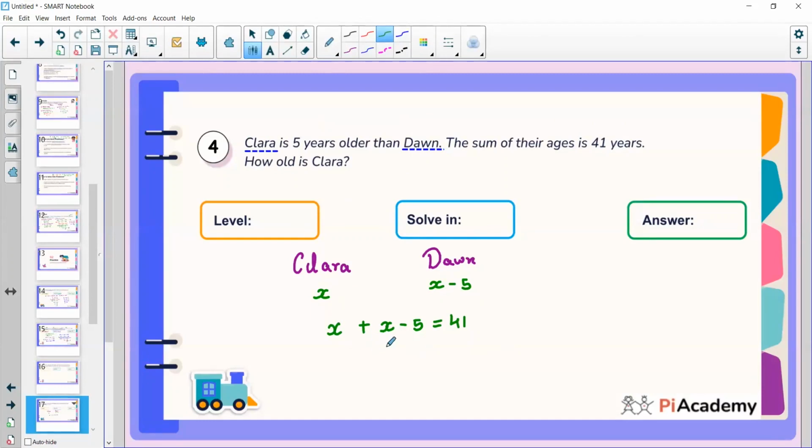Now what we have? We got x plus x is 2x, and 5 going to the right side would be 41 plus 5. So 2x is 46, giving us the value of x as 46 over 2, which is 23. What does this mean? This means Clara is 23 years old. It's pretty simple.